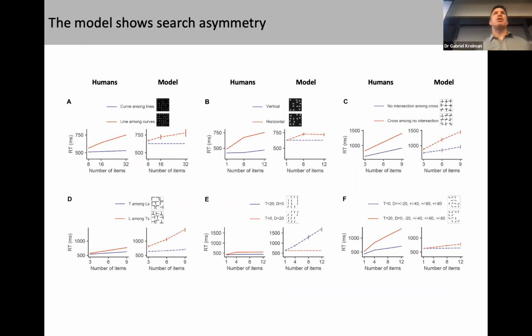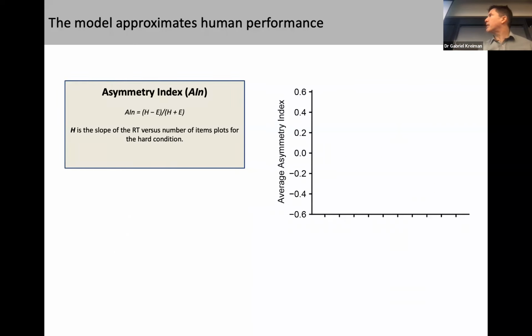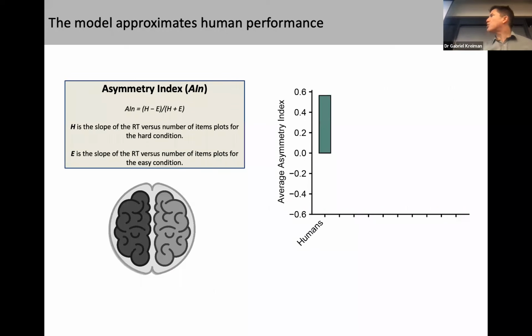If the slope is very shallow, that means the task is very easy. That means you can add a lot of these distractors and the reaction time doesn't change. If you have a very high slope, that means the task is very hard. The more distractors there are, the more time it takes to find those objects. So the difference between these two slopes goes into this computation of the asymmetry index. Specifically, it's the difference divided by the sum of the two slopes, and that's shown here.